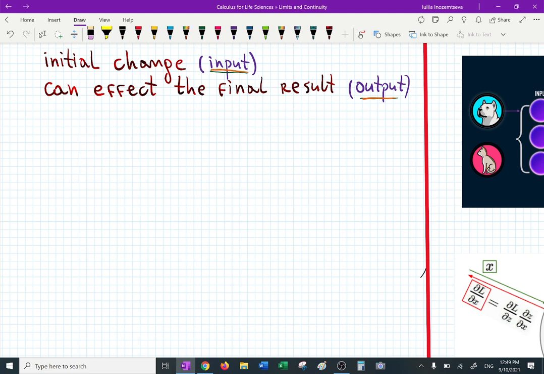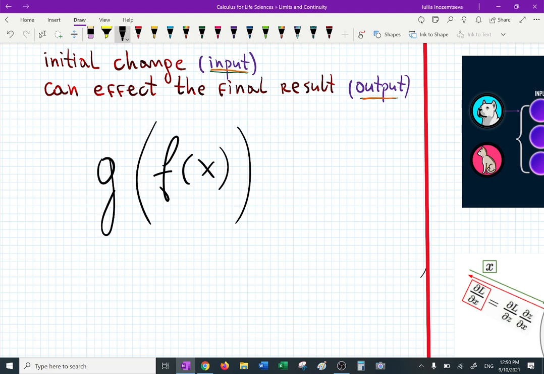I'll put it inside, like so. f of x is inside of g, so g of f of x. And now maybe g is inside of, I don't know, m. So now it's m of g of f of x. Think about that, and so on. The more you do, the more nesting it does.